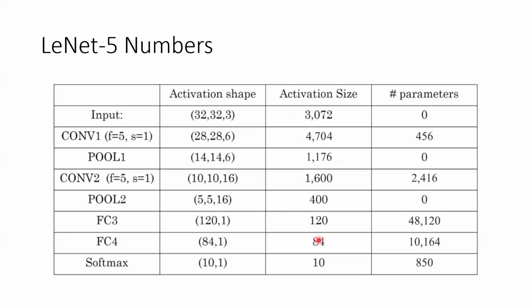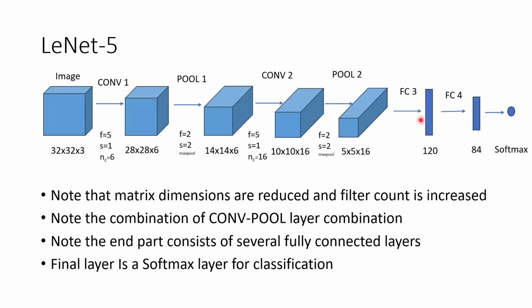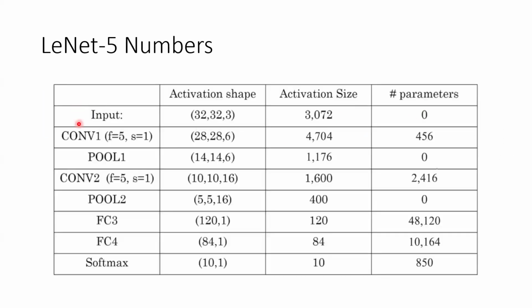If you think about the number of parameters, the input layer has no weights or biases. The pooling 1 layer has no parameters, and the pooling 2 layer also has no parameters, because we said that we are not training any weights or biases in the pooling layer.